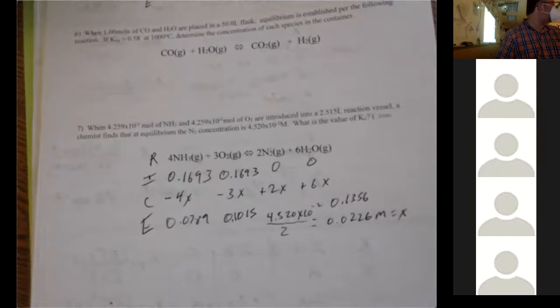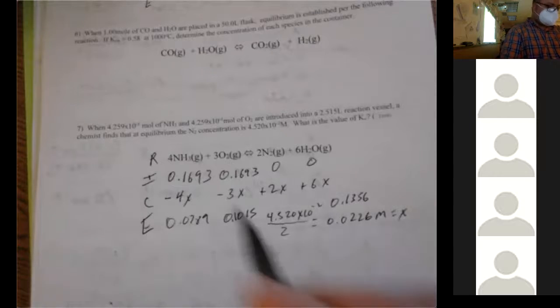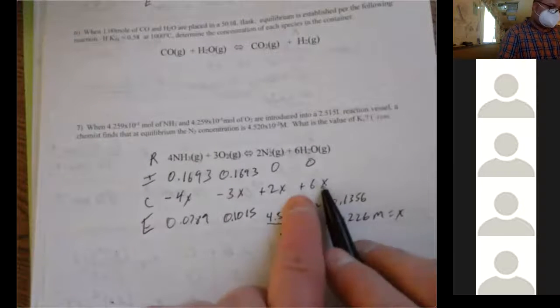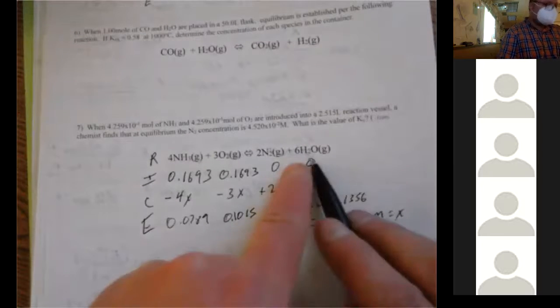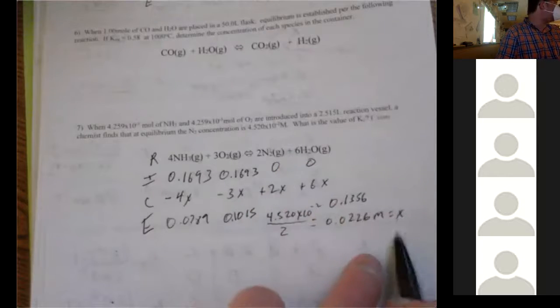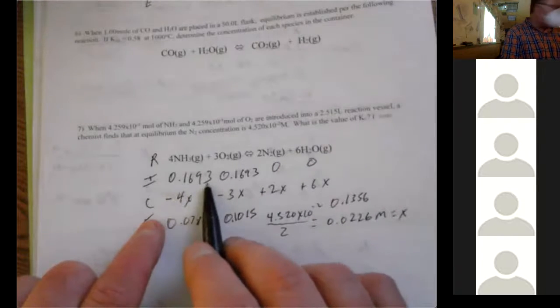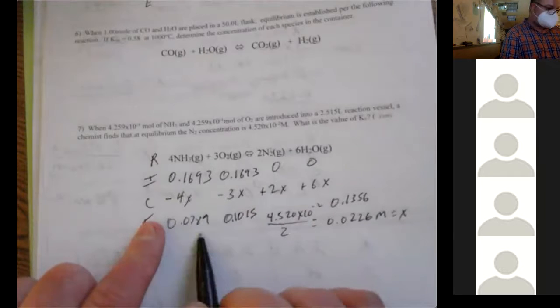You get it? They're the ratio to each other. So how did you get the number? 6 times the x. This is the formula for the concentration of H2O. It is 0 plus 6x. And the way I got these concentrations was I took 0.1693 minus 4x.